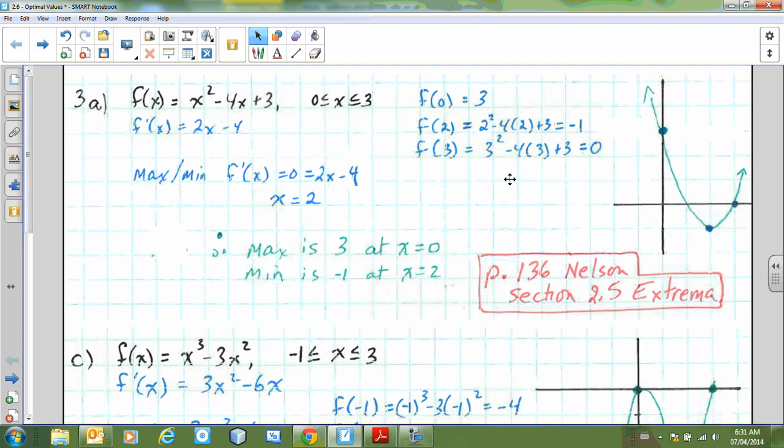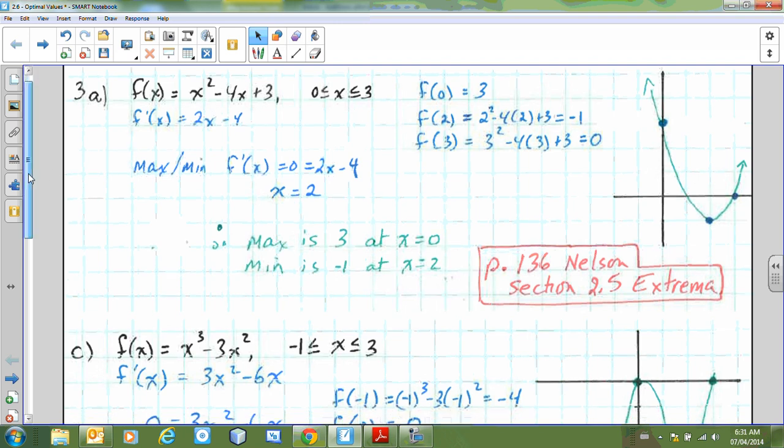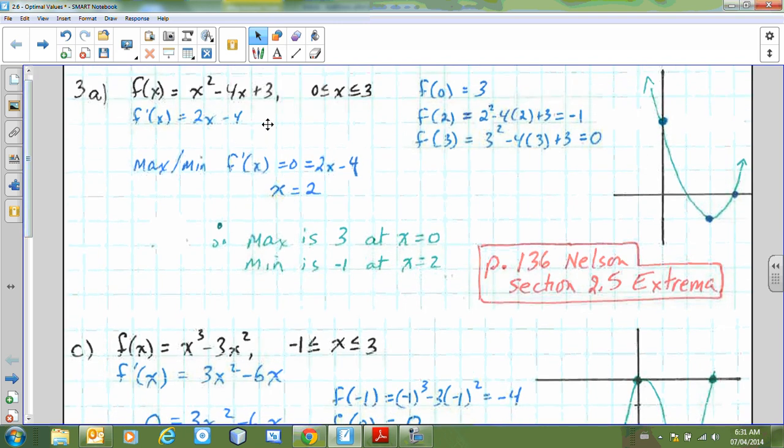As far as actually solving this question, the interval given to us is 0 ≤ x ≤ 3. The derivative of f at x is going to be 2x - 4. The possible maximum and minimum values are the zero slopes, because that's where we get our maximums and minimums on the entire curve.